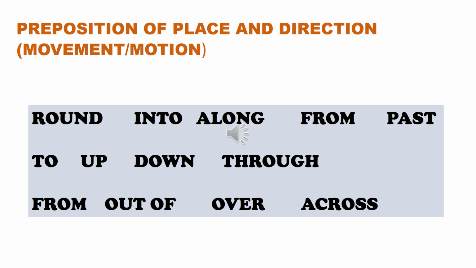In this slide, we are having first category preposition of place and direction, which are giving us expression of movement or motion. Who they are? They are round, along, from, past, to, up, down, through, from, out of, over, across.